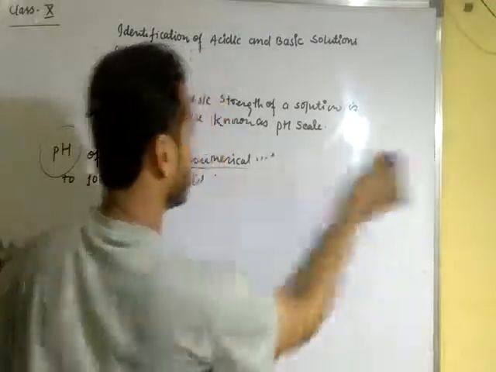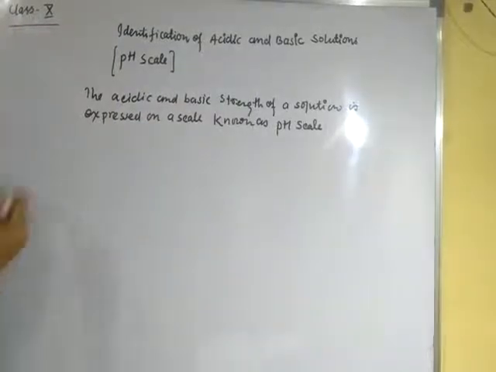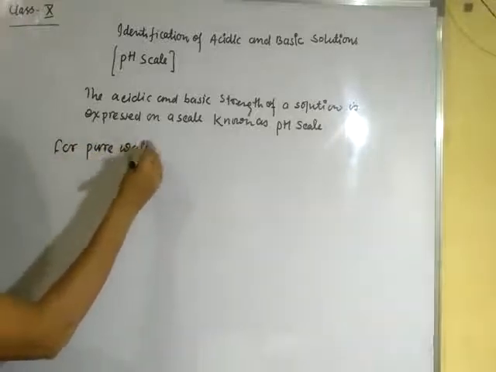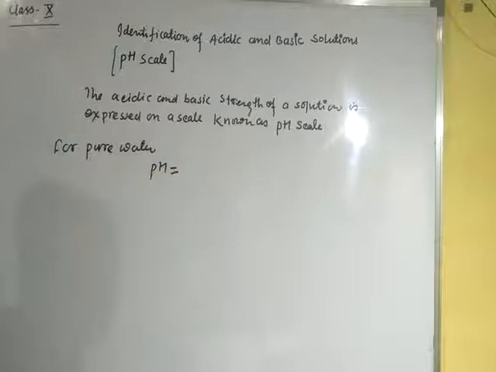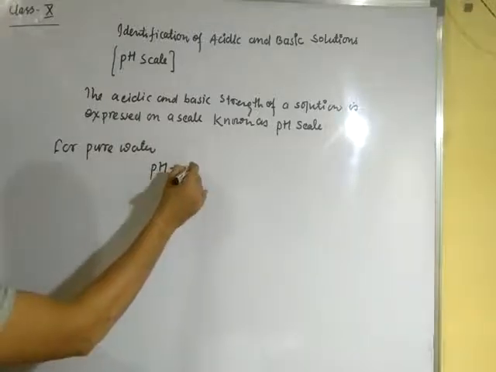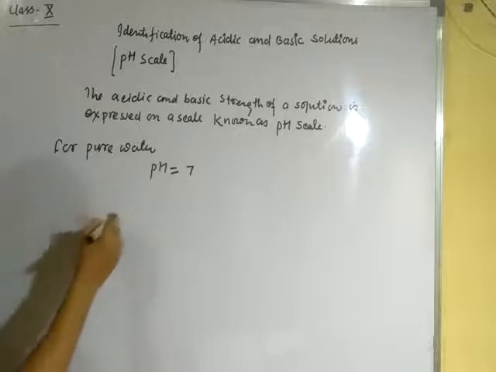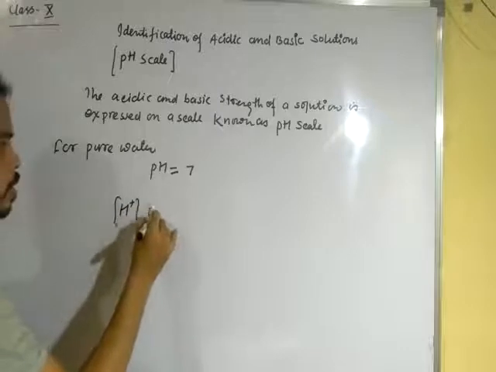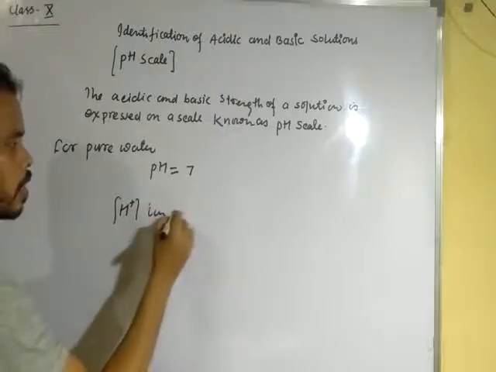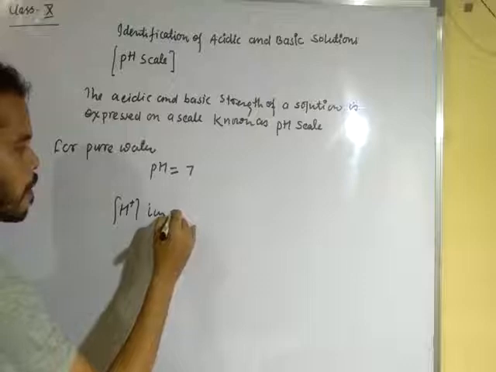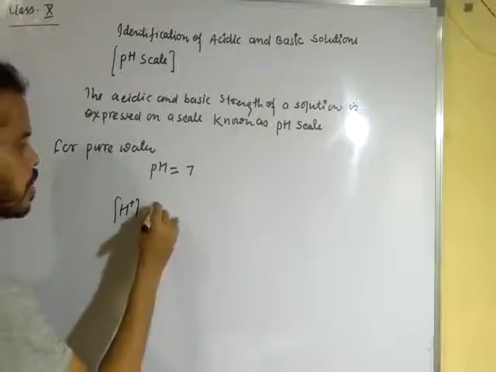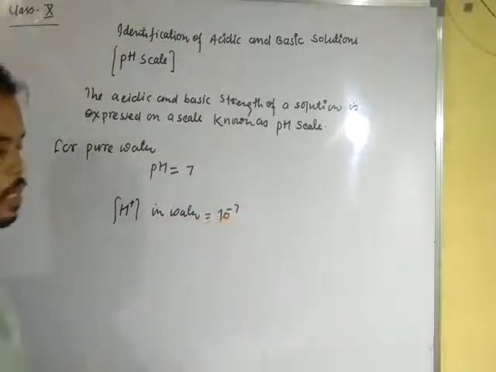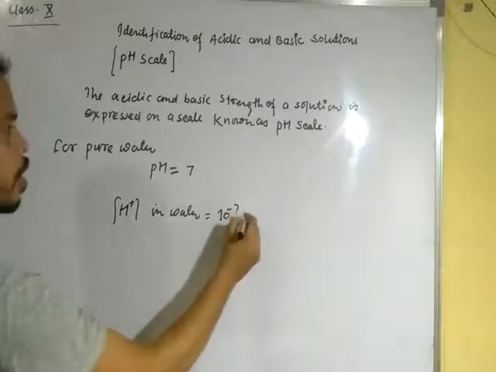For pure water, pH is equal to 7, because the H plus ion concentration in water is found to be 10 to the power minus 7 molar.